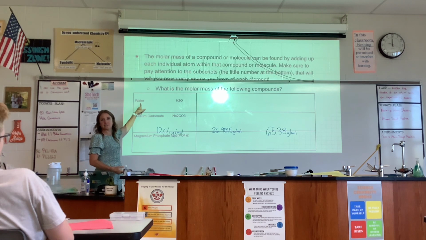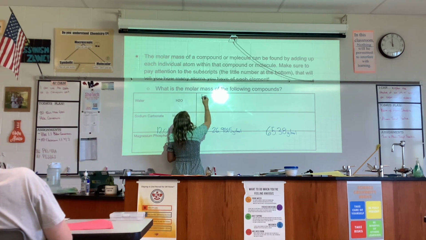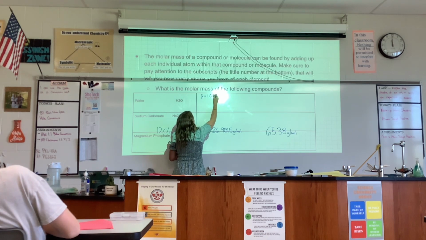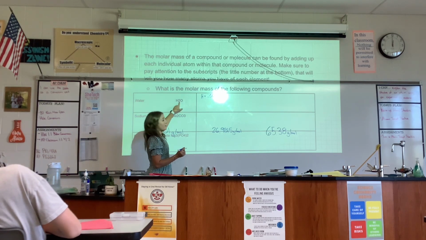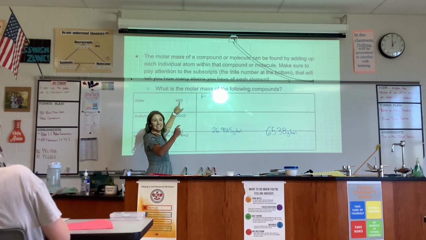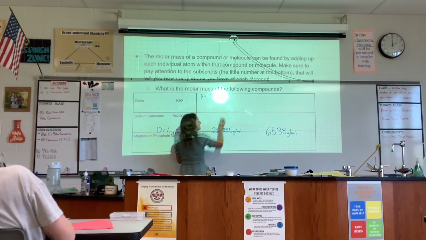So if I want to know the molar mass of water, I go to the periodic table and say, all right, hydrogen has a mass of 1 point, I think on yours it's 008, is that what it's rounded to? Okay. Now, the little 2 is called a subscript, a small number below. That indicates you have 2 hydrogens, so I'm going to multiply this number by 2.